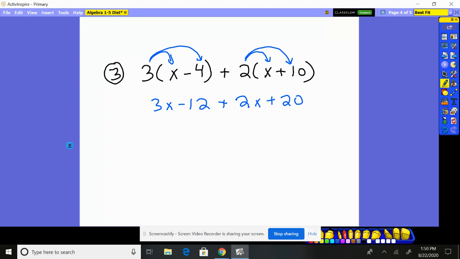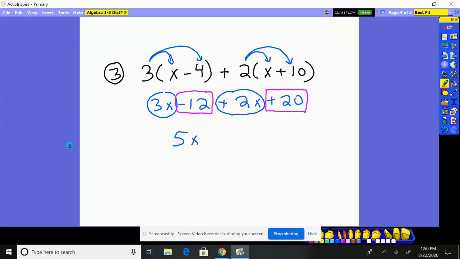Now I must put like terms together. You have 3x right here plus 2x right there. That's 5 x's. Now we have to be careful on this next piece. You see 12. A lot of kids say, oh, 12 plus 20, we got 32. No, in this case, notice the sign in front of that 12 is negative. You lost 12, but then you gained 20 back.